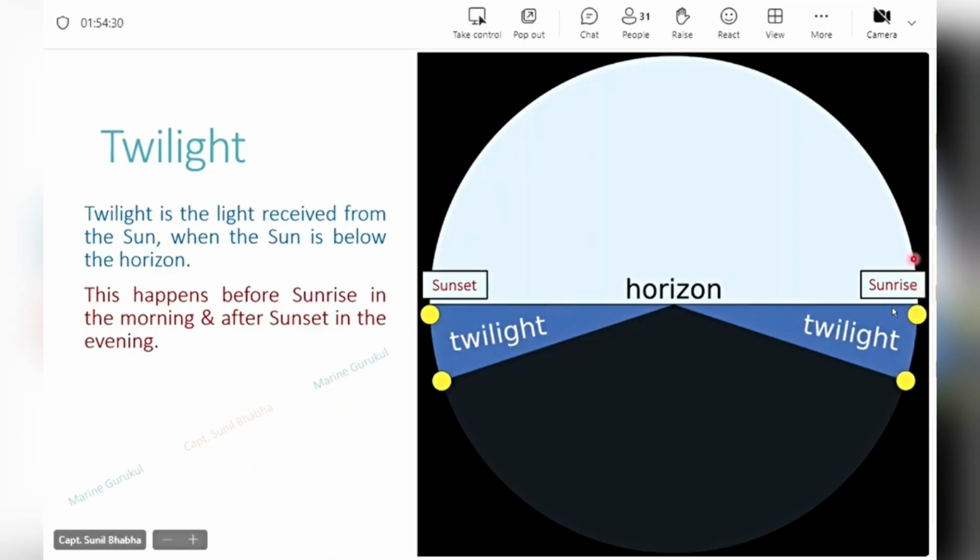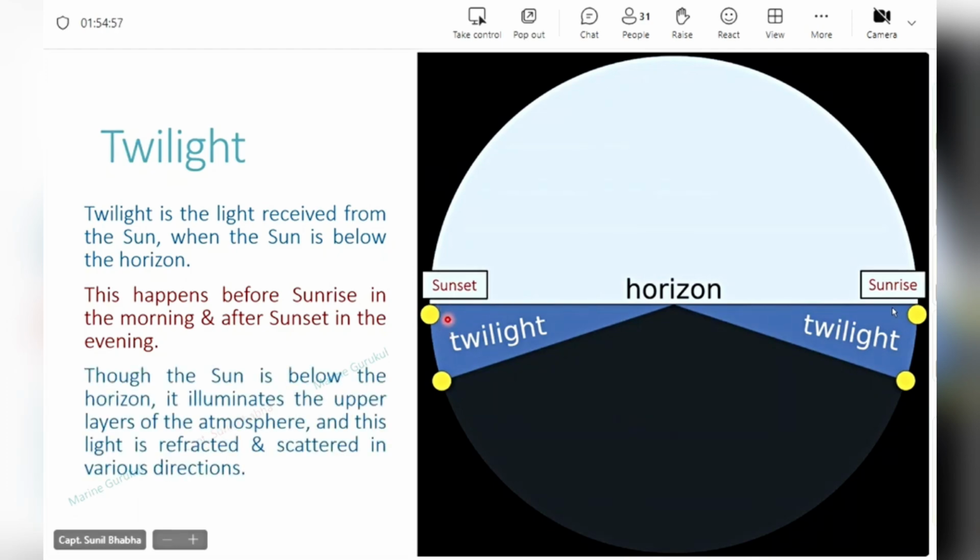And when the sun goes on the western horizon, you can see in the diagram the sun going to the western horizon and setting at this particular instant, and after setting we keep on receiving the light which is called twilight when the sun is in this dark blue color sector. So in this particular sector we receive the twilight in the evening.